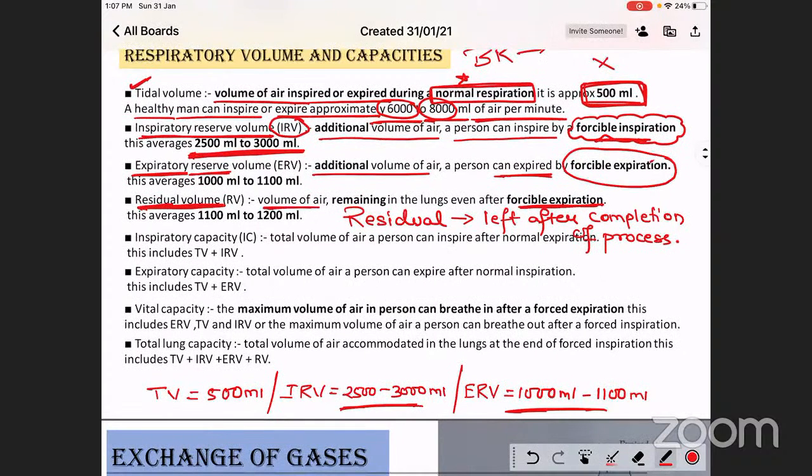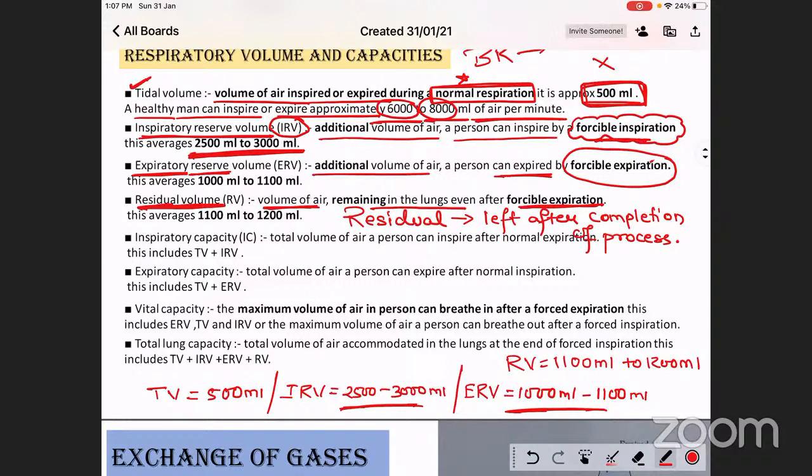So the volume of air which has remained inside the lungs even after the forceful expiration, the RV, residual volume, is around 1100 ml to 1200 ml. Okay, so this much is the residual volume.